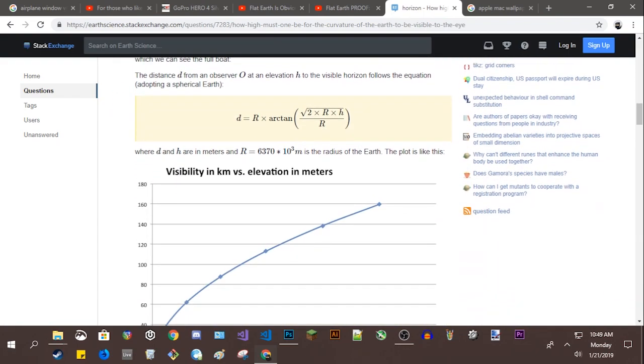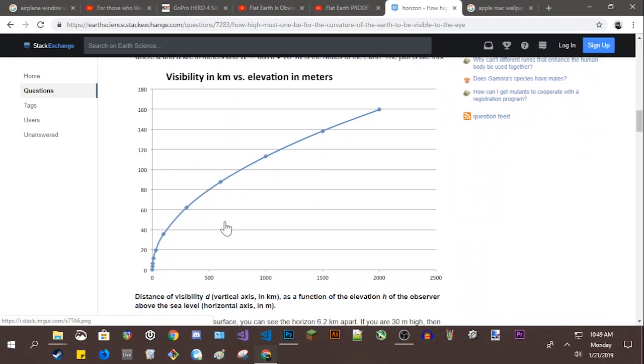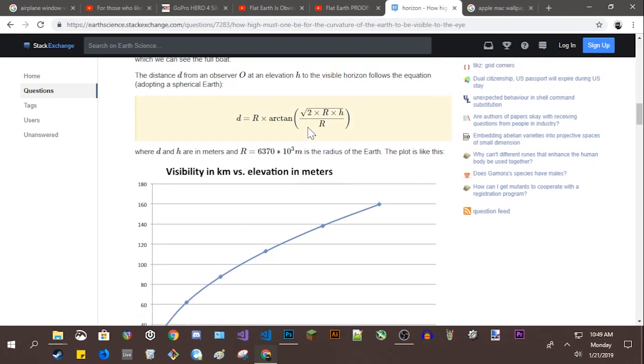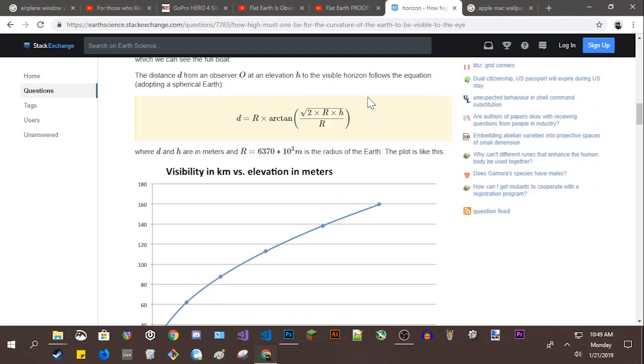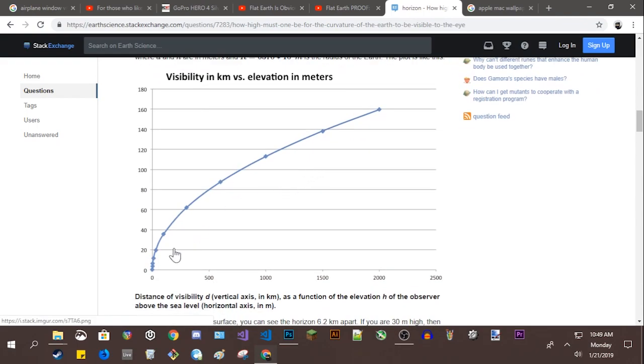And what he also gives us is this graph here, and he uses this equation that would make sense on his round globe. And he says that if we're on a round globe, we should expect visibility to look like this. But there's a problem, because I can also prove that this graph on how far you can see works on a flat surface.